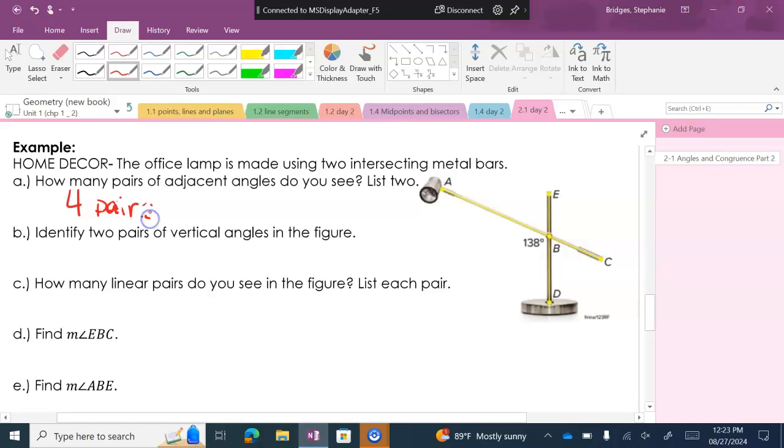Does anybody need me to point that out again? Okay. 1, 2, 3, 4. And it says to name a pair. How would I name this top angle? ABE, yep. So angle ABE.